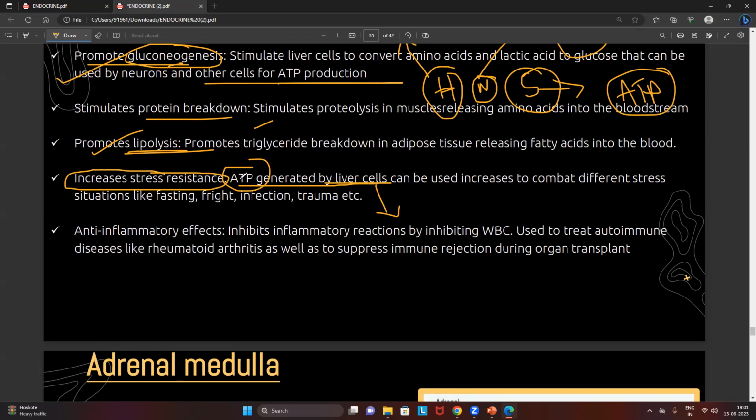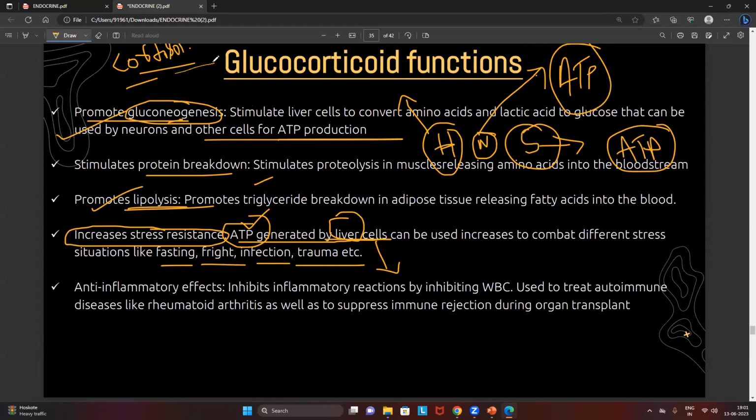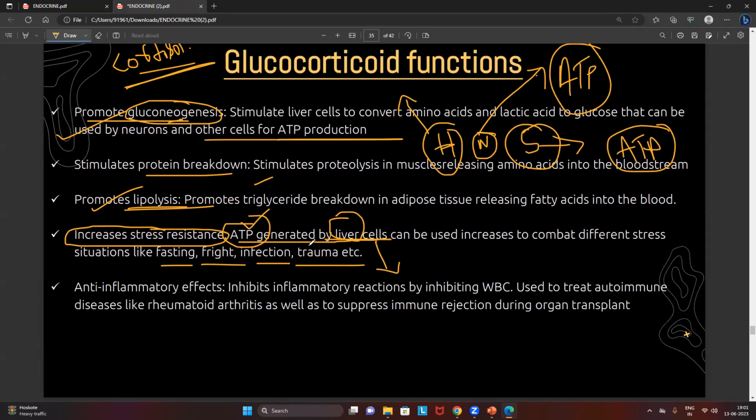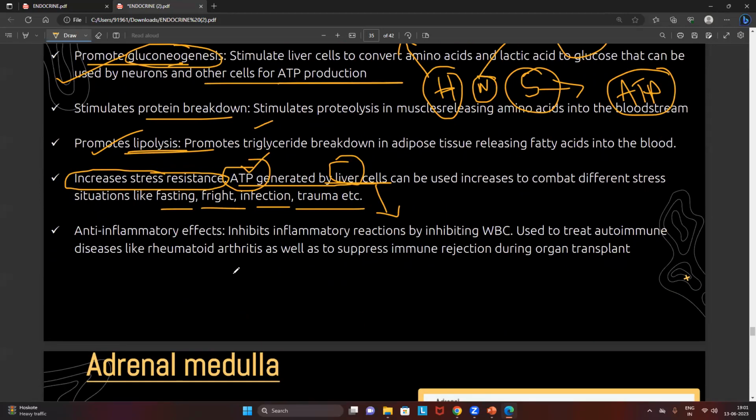Now that ATP will be used in certain situations like fasting, fright, infection, trauma, which is internal injury. Now the question is very clear: who is stimulating the liver to produce the ATP? That's the question. Undoubtedly, cortisol is involved in stimulating the liver to produce more ATP. Then the next one, a very interesting point. This is a very interesting point.